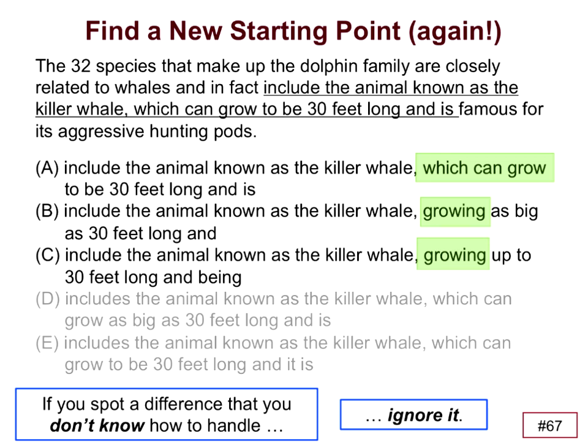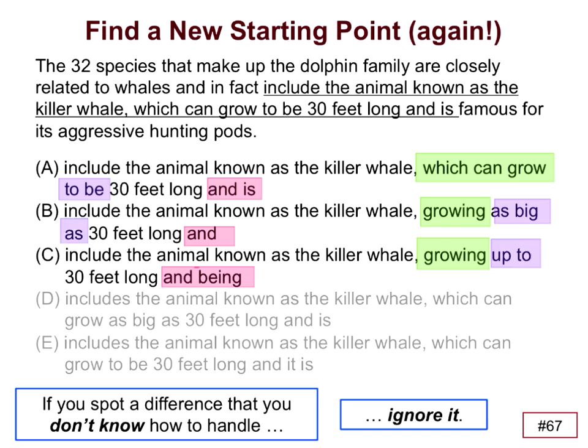Let me just highlight these on here. We've also got and is, and nothing, and being. All right. I'm just scrolling up to see if there's anything else. And in this case, there is one more. Can grow to be, growing as big as, or growing up to.